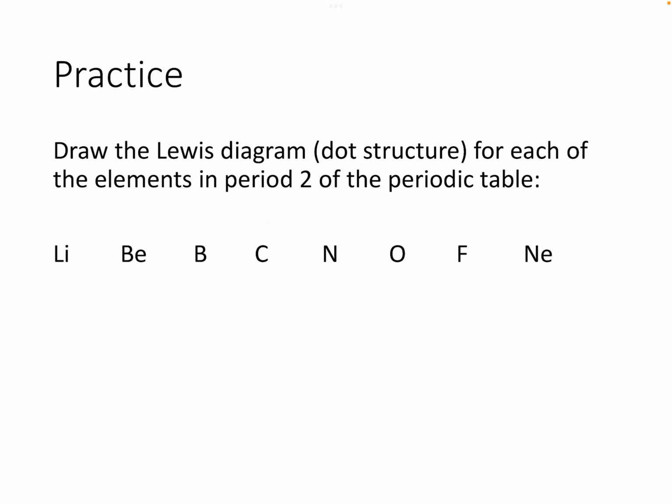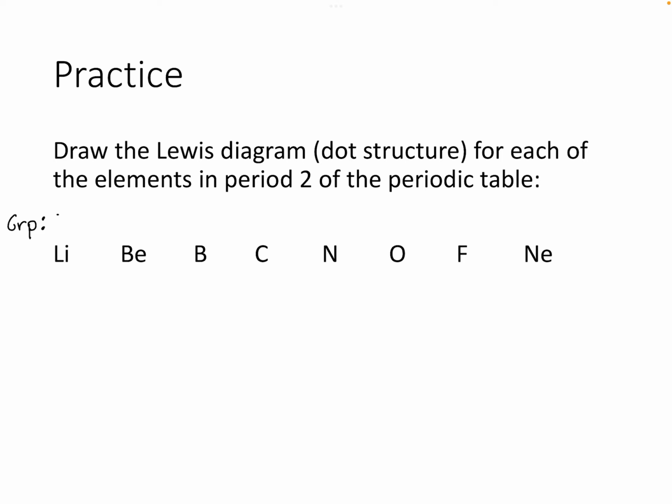So let's practice. Let's draw the Lewis diagram for each of the elements in period 2 of the periodic table. All right, so if we look at our periodic table, the group is shown on the top, right?